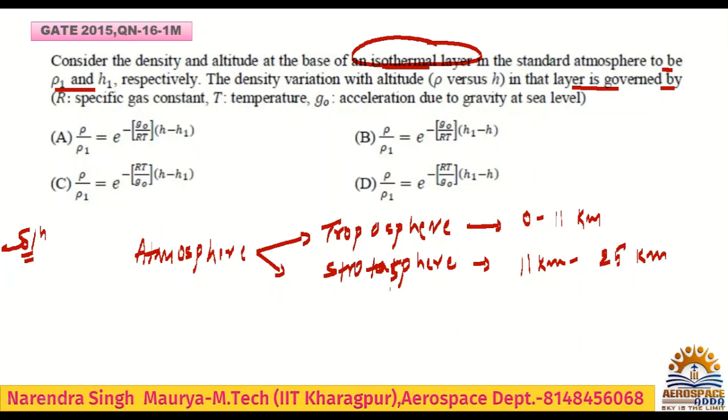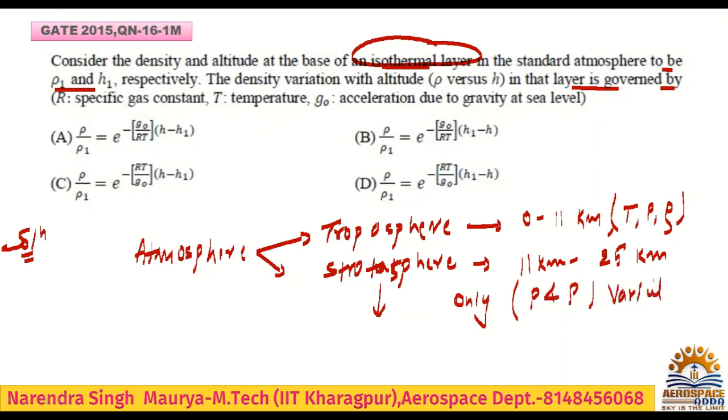Why I have written this: in the troposphere, temperature, pressure and density are all varying, but in the stratosphere only pressure and density vary.